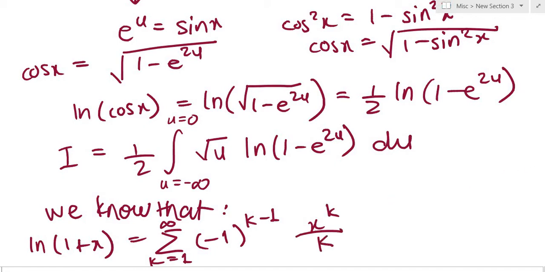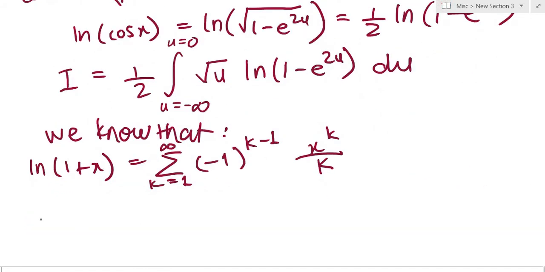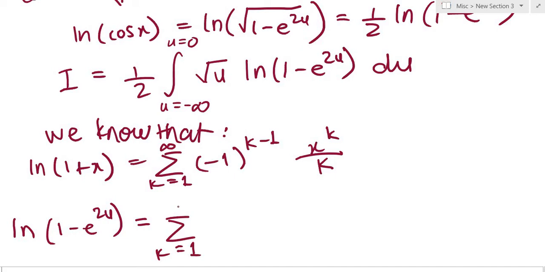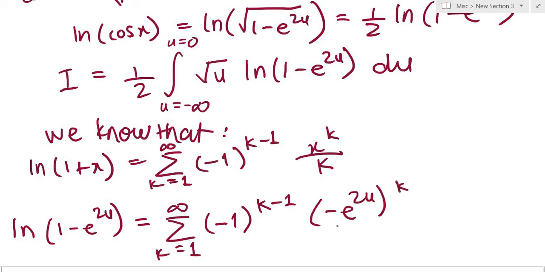So it's some sort of alternating series. So instead of this x, why don't we substitute negative e raised to 2u, and we just have the sum from 1 to infinity of minus 1 to the k minus 1 power, and negative e raised to 2u, the whole thing raised to k, all over k.